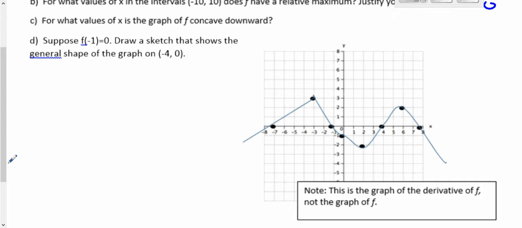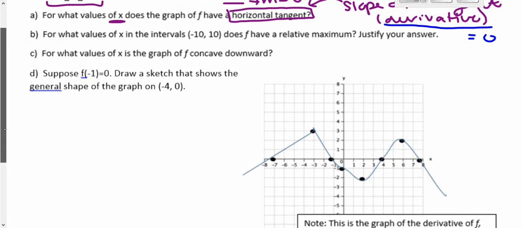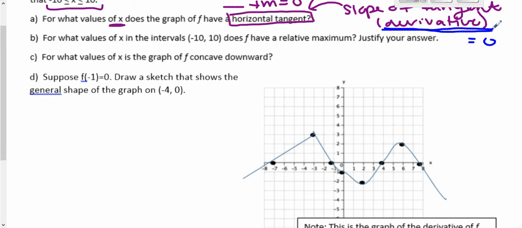This is a graph of the derivative of f. Okay, so we need where the derivative is equal to 0. So on this graph, 0 is here. So my graph is equal to 0 at -7. That could be -1, or if you say like -1.5, anywhere in between there.